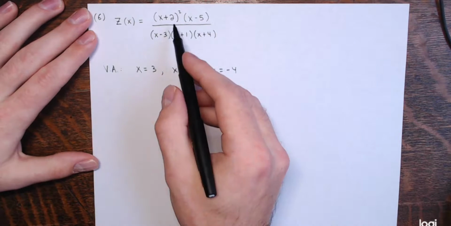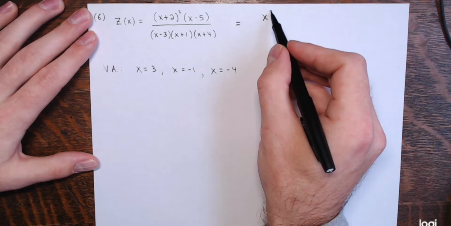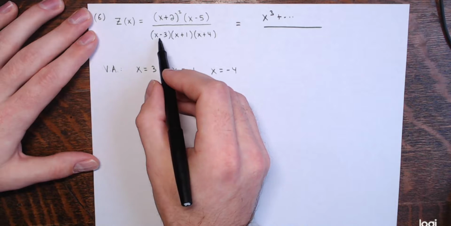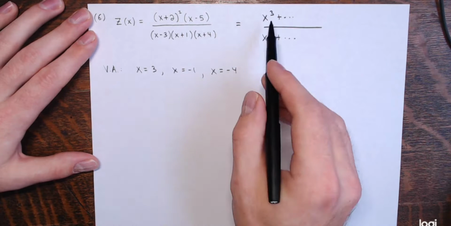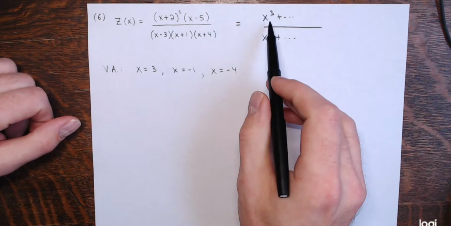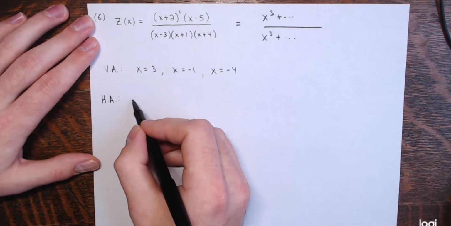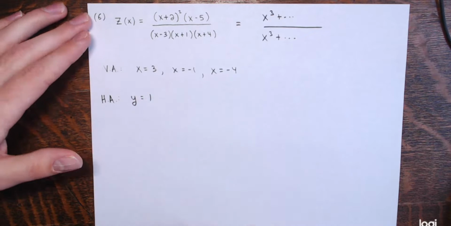Now, up top, the leading term is going to be x cubed, plus something. Same thing with the bottom. If you multiply all the lead terms of the factors, it's going to be x cubed plus something. So it's a degree 3 divided by a degree 3. Same degree, so the horizontal asymptote is going to be y equals the ratio of the lead coefficients, 1 over 1, y equals 1.